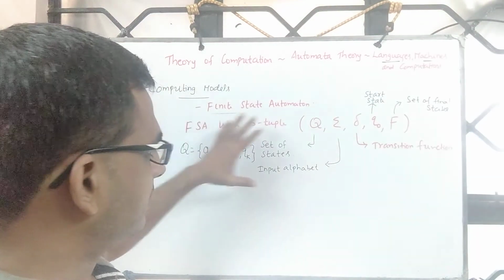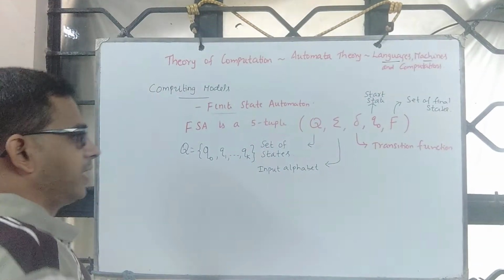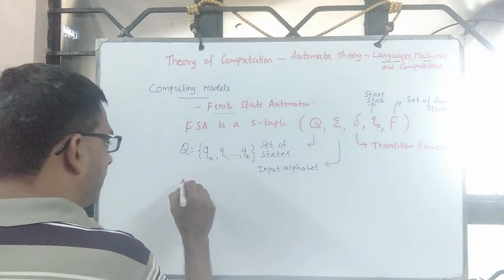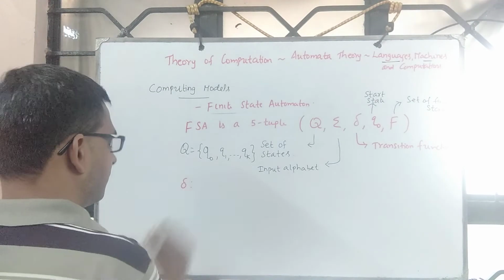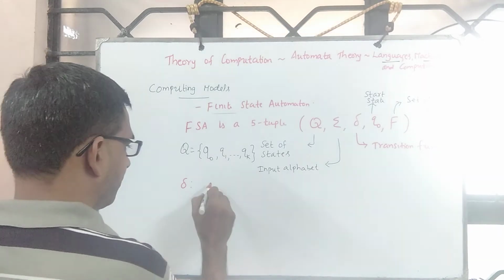So FSA is a 5-tuple with this description, and in particular the transition function is a function, so it has got a domain and a codomain.